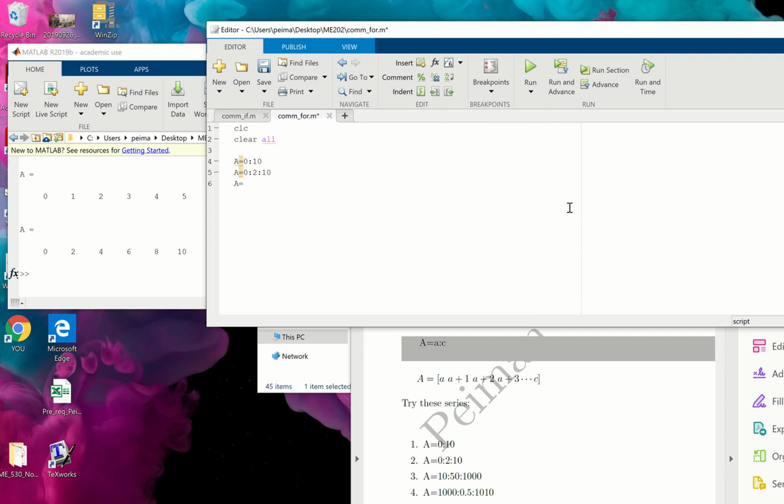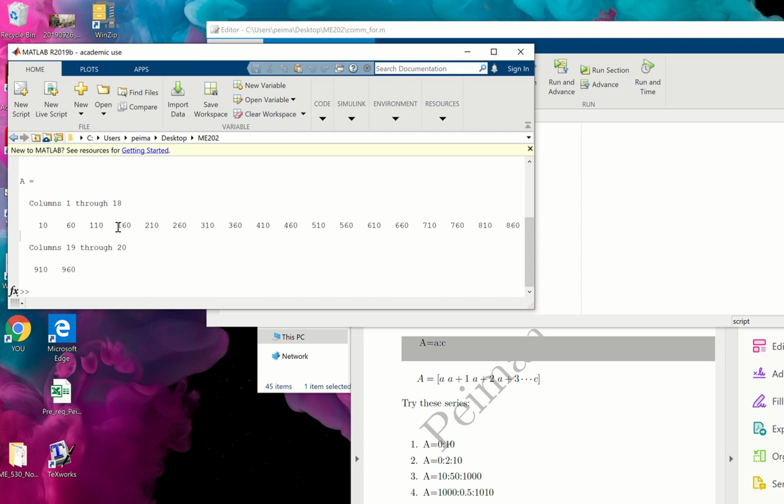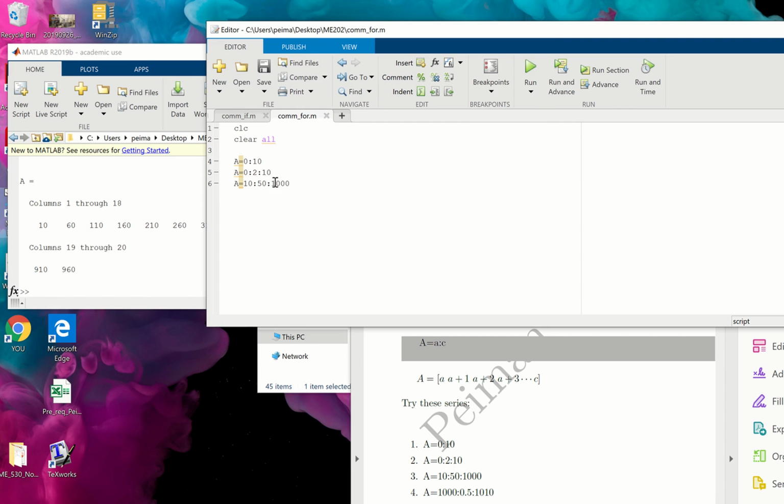And A here, we're saying, is 10 to 50 to 1000. Now the steps are, see, 10, 60, 110, 160, 210, 260, until 960. You may say, hey, you told us 1000, but this is the upper limit, you cannot exceed it. 960 plus 50 is going to be 1010, which is invalid.